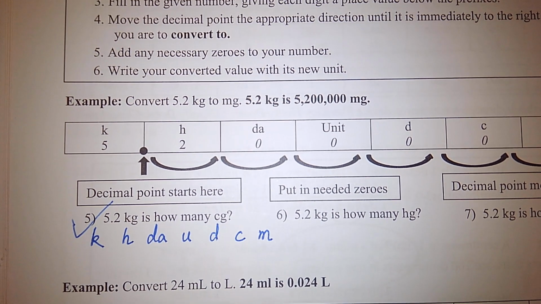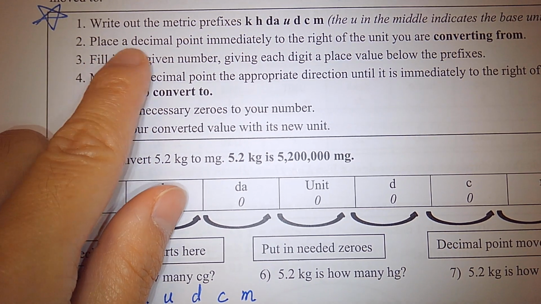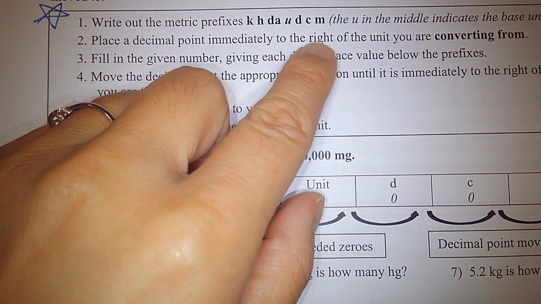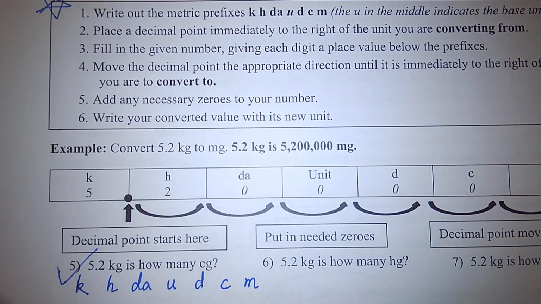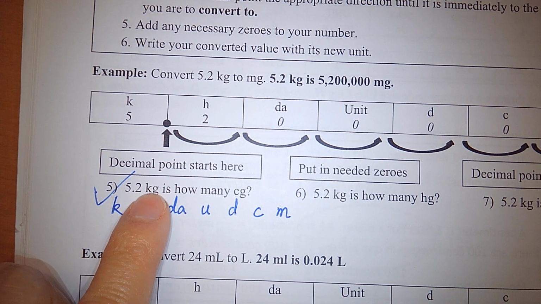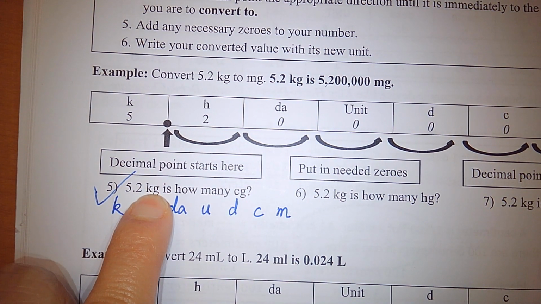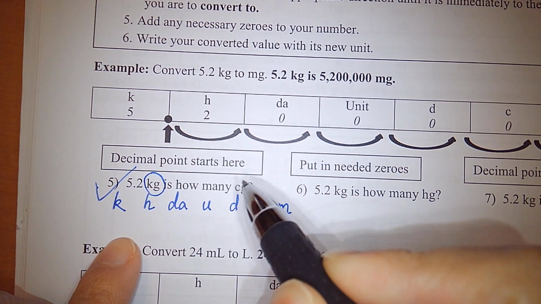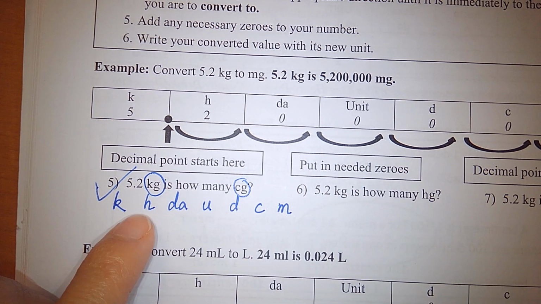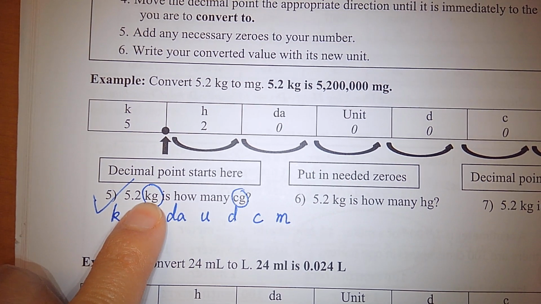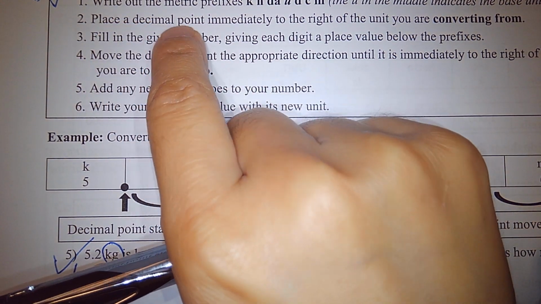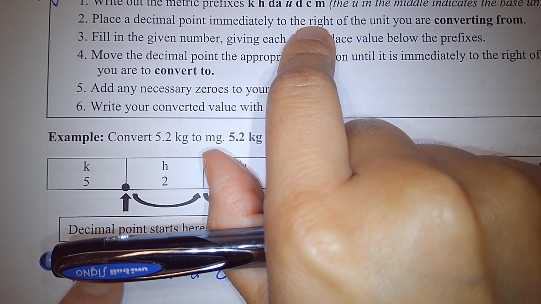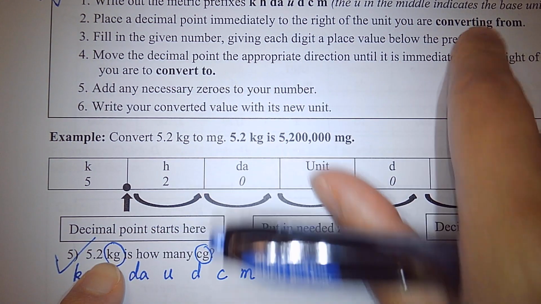Second step, place a decimal point immediately to the right of the unit you are converting from. In this question, what is the unit we're converting from? kg to cg, so the unit converting from is kg, the K. So step 2 tells us to place a decimal point immediately to the right of the unit we're converting from.